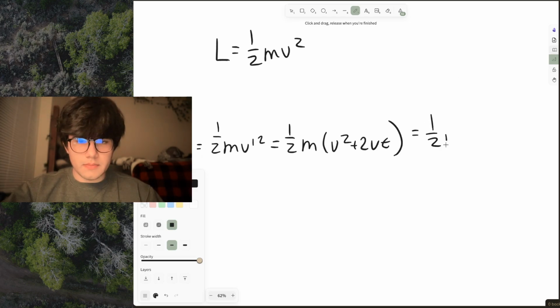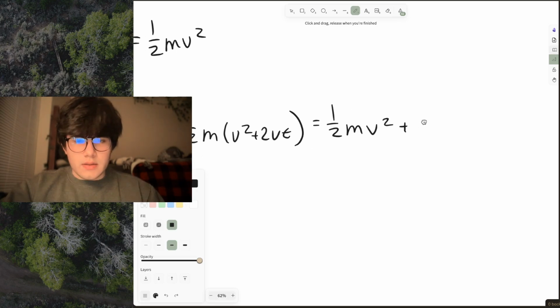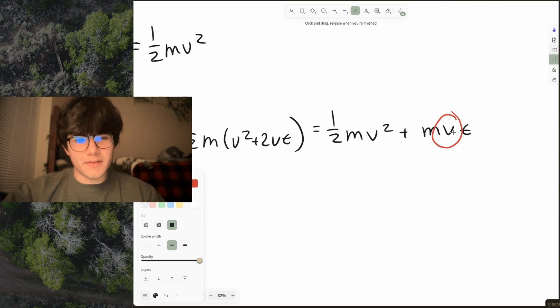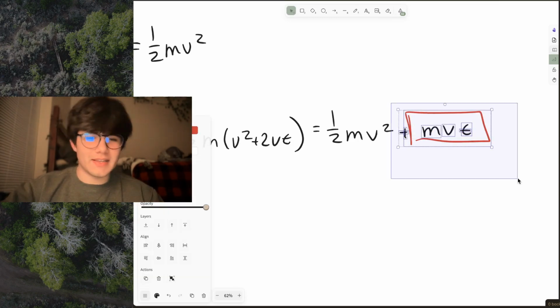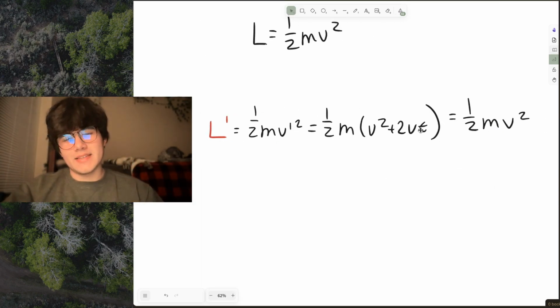And this will be 1/2 mv squared plus mv epsilon. Again, notice that this is a linear function of velocity, and this is constant, this is constant. This is a total time derivative, which means we can neglect it, and L prime is going to have the same equations of motion as L.